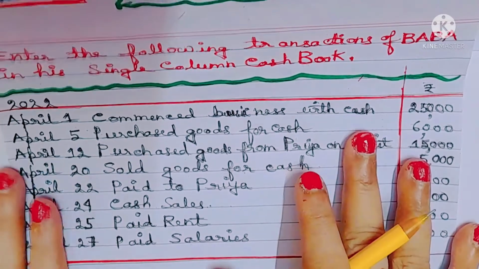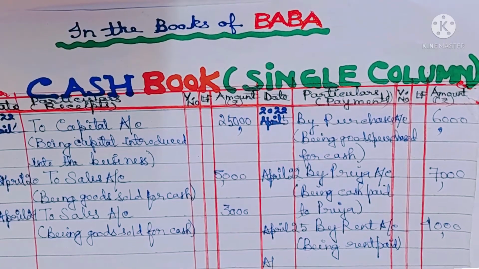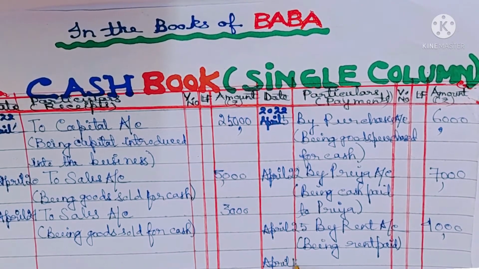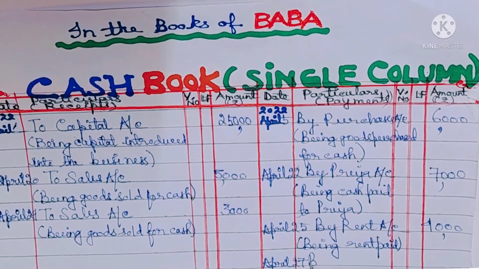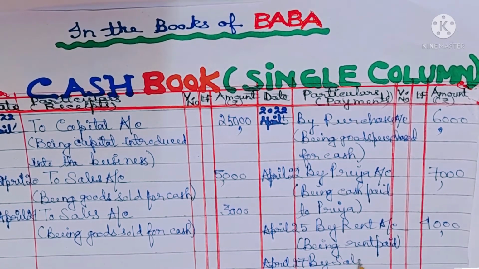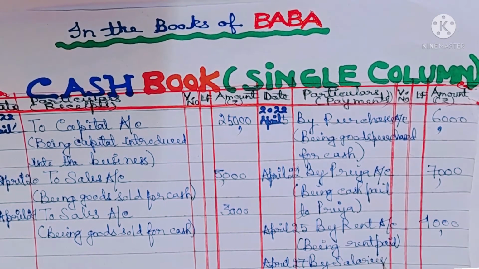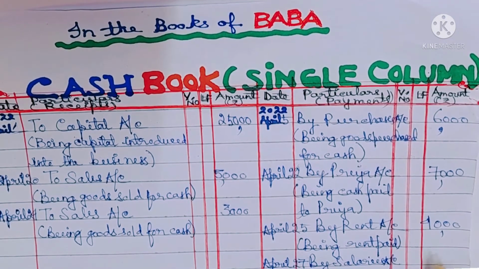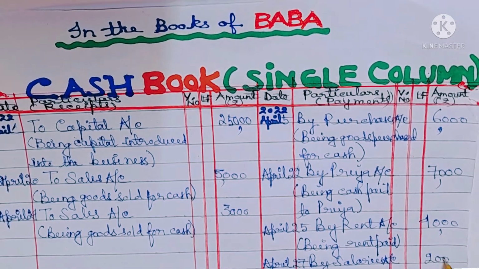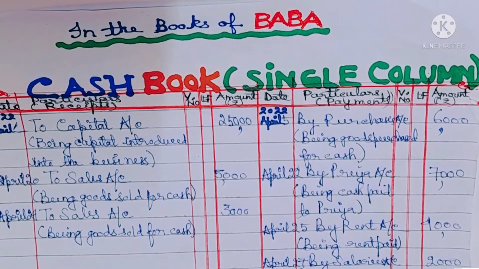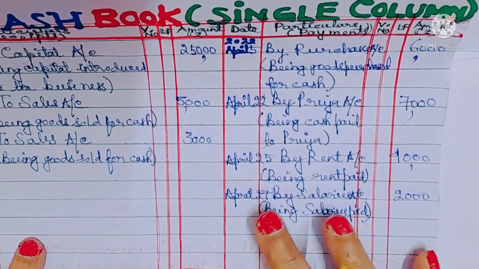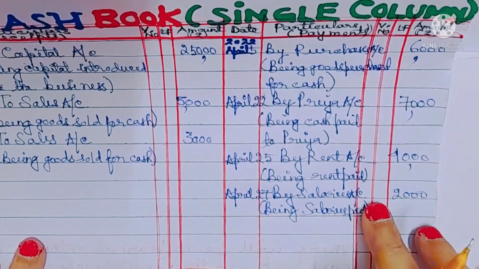Okay, so let's write April 27th by salaries account. How much? 2000. Being salaries paid. On 27th April by salaries account 2000.